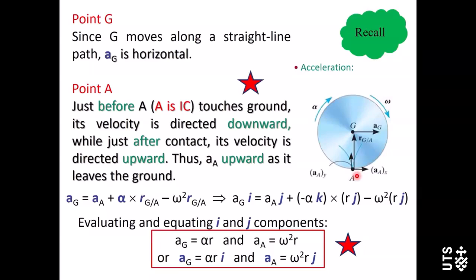At this point, a_Ax must be 0, but a_Ay can be expressed using omega squared times the radius.